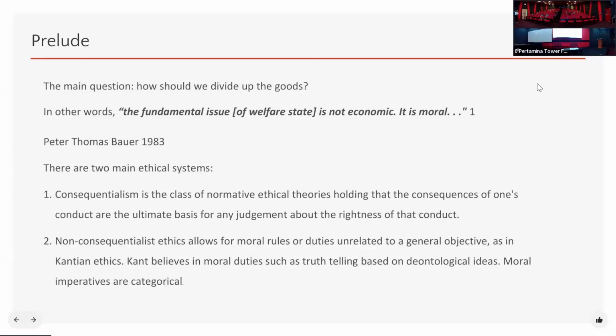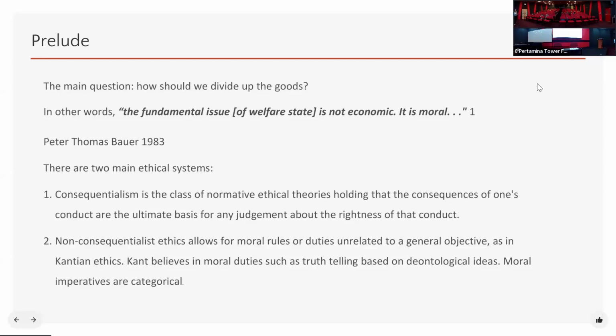Today, we're going to move on into talking about normative issues. What do we believe is the right allocation of resources? How many slices of the cake should we make? Okay, so it's a bit more normative. What do we think?